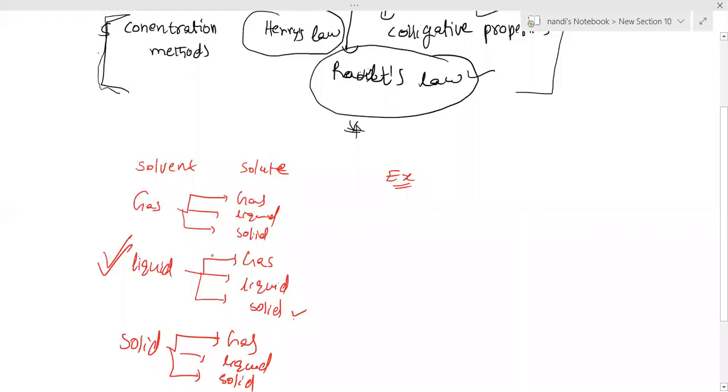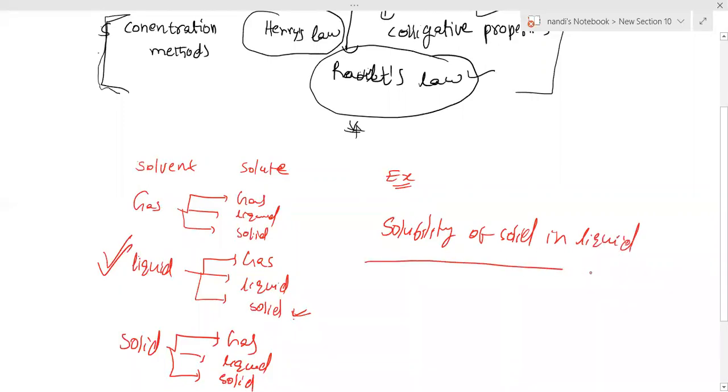Most of the reactants and reagents we are taking dissolve in the liquid phase, that is the solvent. So that's why our interest is the solid and liquid combination. So the solubility of solid in liquid, this is our interest.